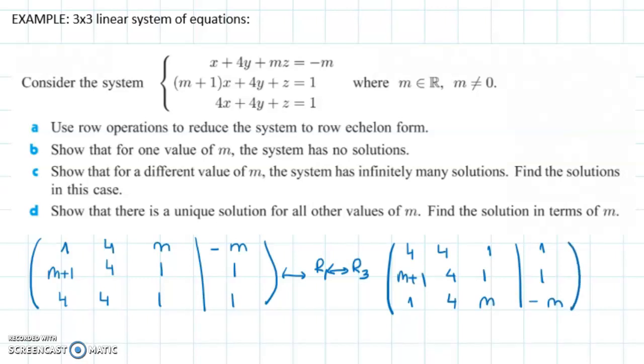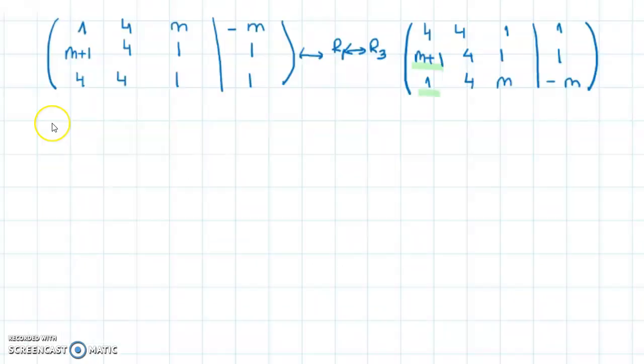And my first goal is going to be to get for the first entry of the second row a 0, and for the first entry of the third row a 0. To achieve this, I'm going to multiply the first row by m plus 1, so m plus 1 multiplied by row 1, and then I'm going to subtract from that 4 times the second row.